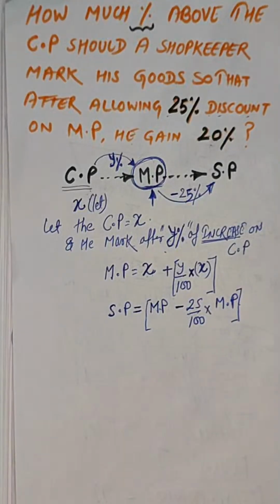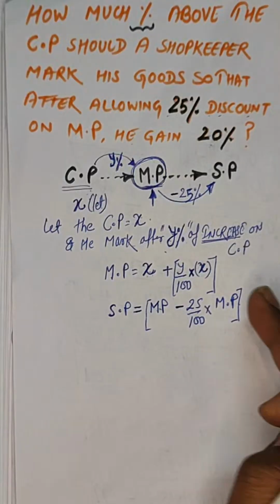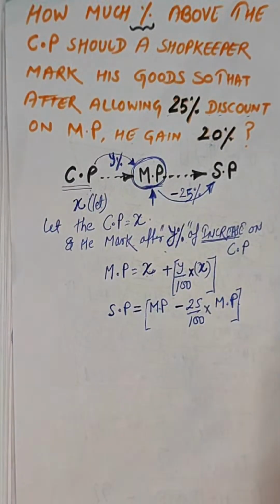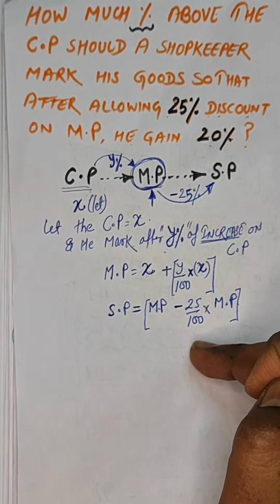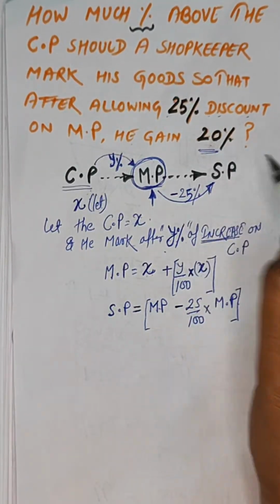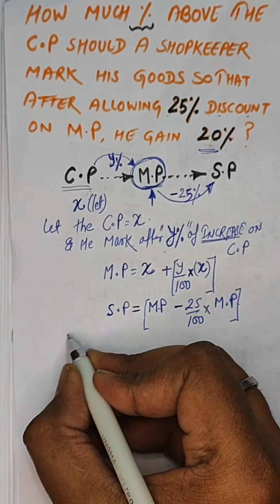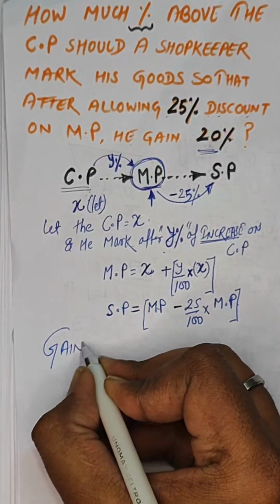Now my dear friends, we have two variables with us, X and Y. How to solve? Let us see. Now what is the final stage? After all this practice, he's making a gain of 20%. So you know the formula. What is the formula of gain percent?